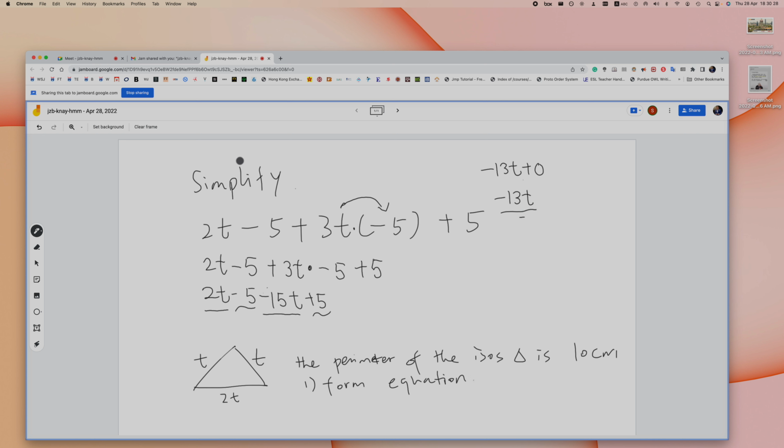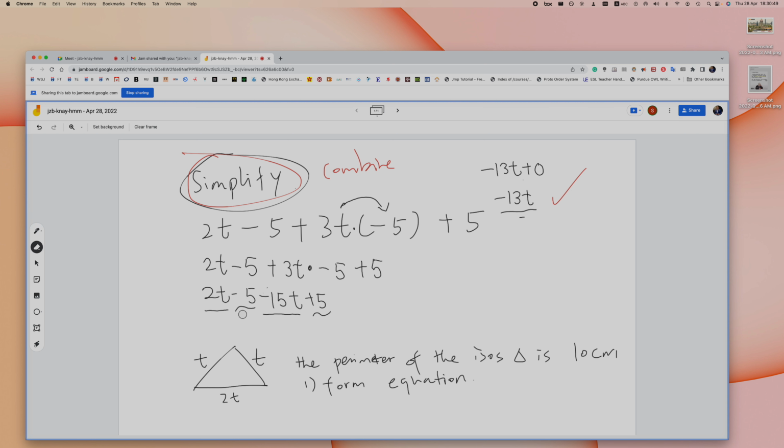Okay, so that's simplify. Simplify means what? Simplify means combine similar terms. So you combine similar terms. Okay, very good. So this one, how do you get this?